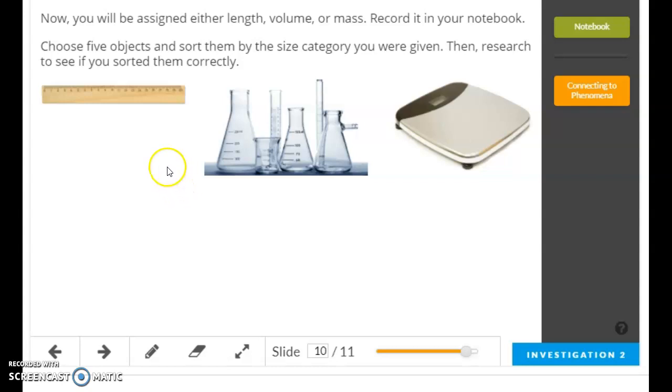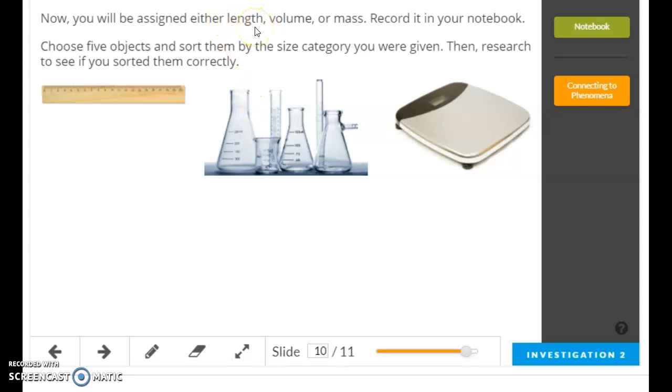All right, now I'm going to assign you either length, volume, or mass, okay? And you're going to write that down in your notebook. This is at the top of page 12 in your notebook. So how I'm going to do this, if you were born between January and April, so that means January, February, March, or April, you're going to be working with length.